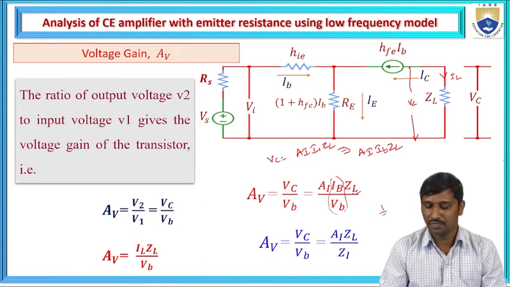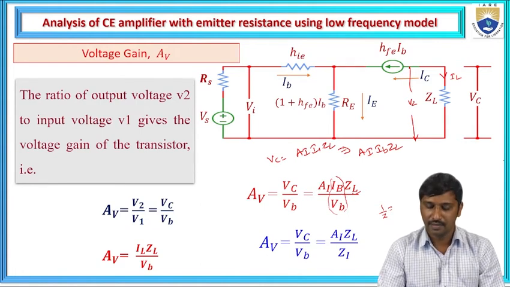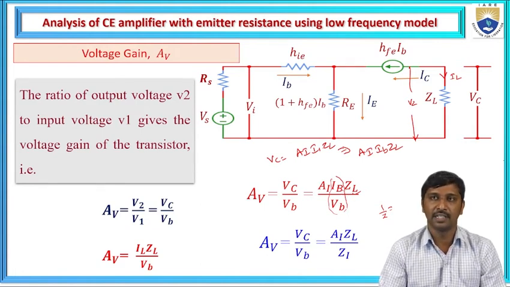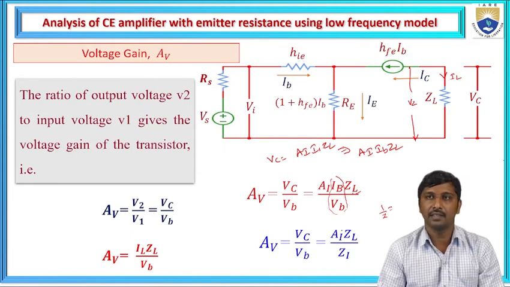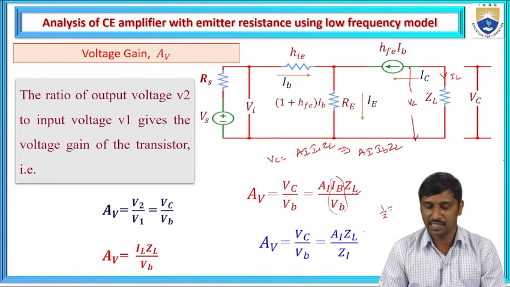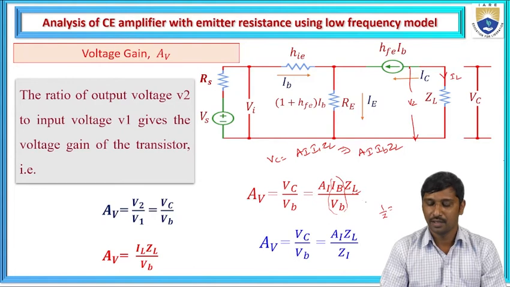Hence, this factor I replace with the reciprocal of input impedance, 1 by Zi. So 1 by Zi is nothing but IB by VB, and ZL remains ZL.